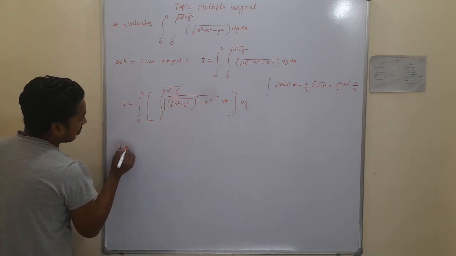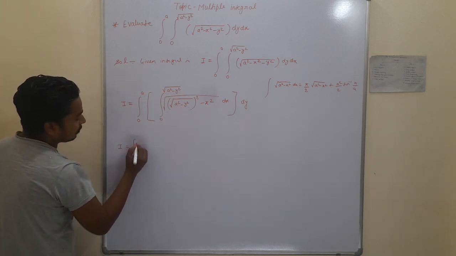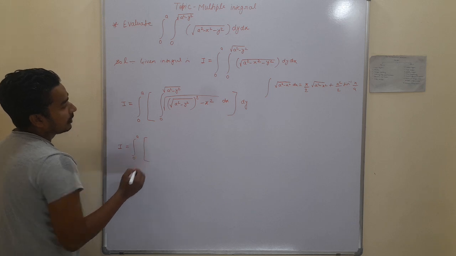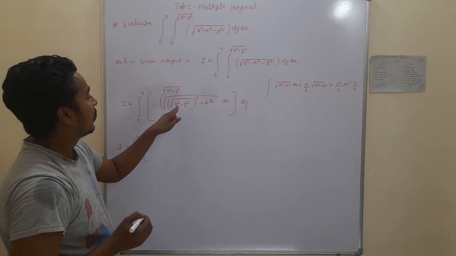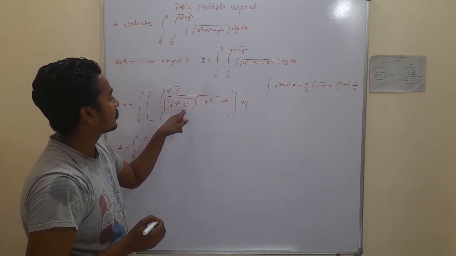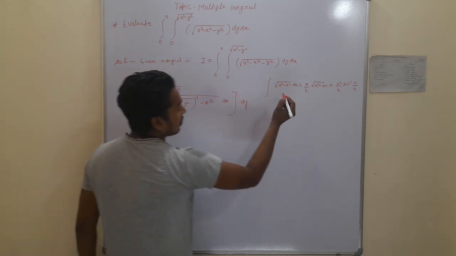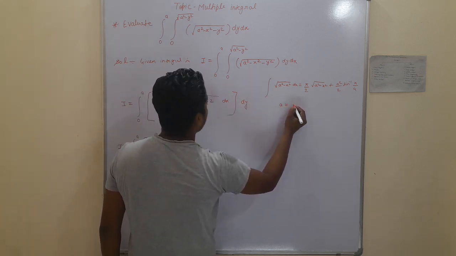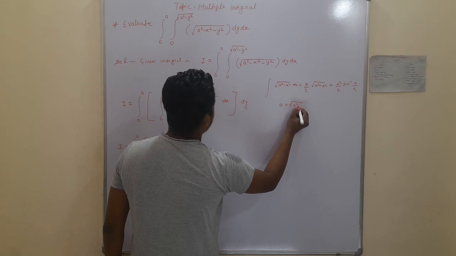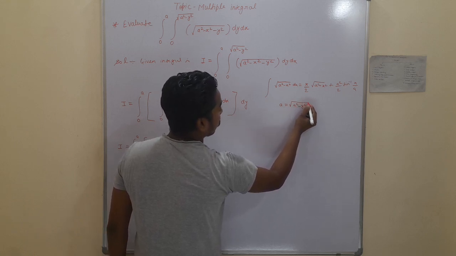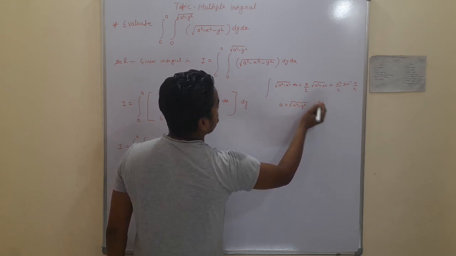This is written as I is equal to the integral from 0 to a, and expanding here, let's suppose a is under root of a square minus y square and x is x.